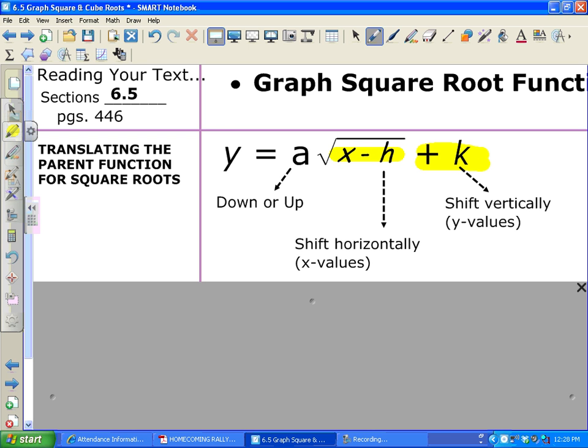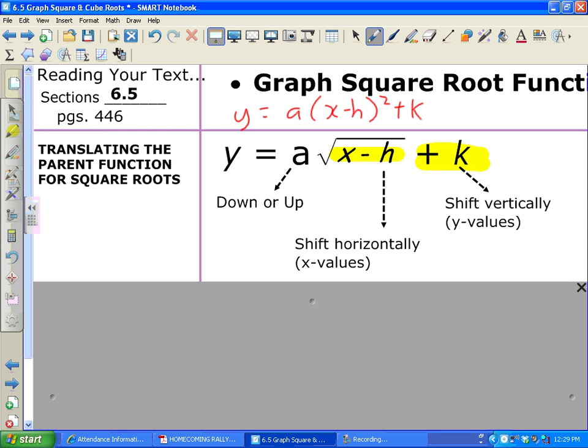Look at this form and compare it to a form that you already know, which is this one right here, the vertex form of a parabola. In the vertex form of a parabola, we gave you the vertex for free, and then the a told us whether or not it opened up or down, and if it was wide or narrow.